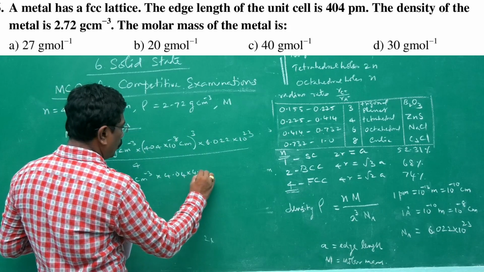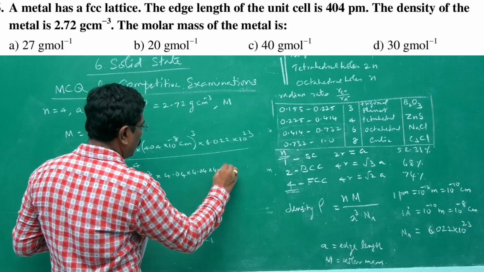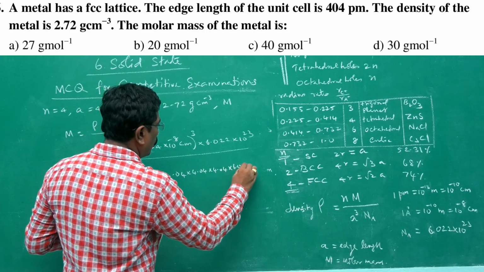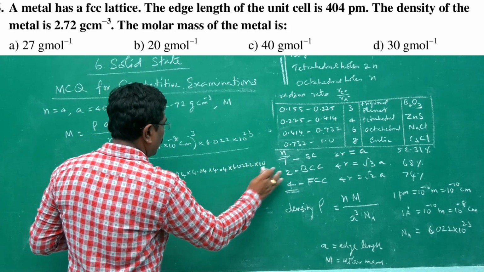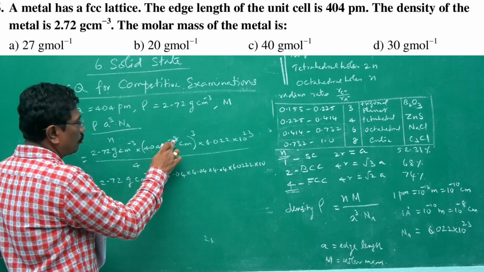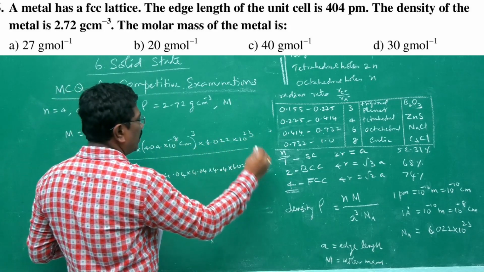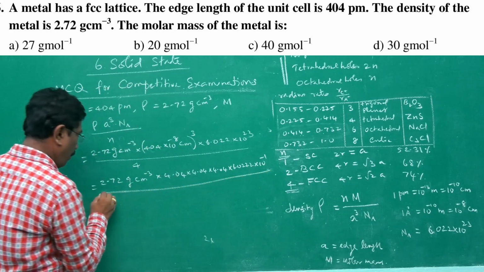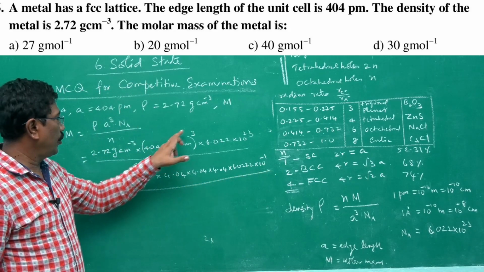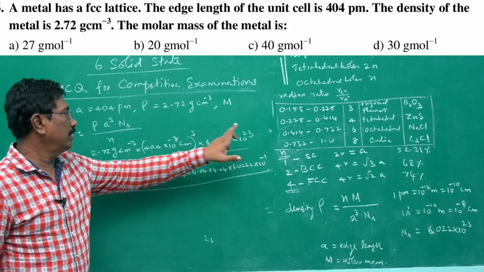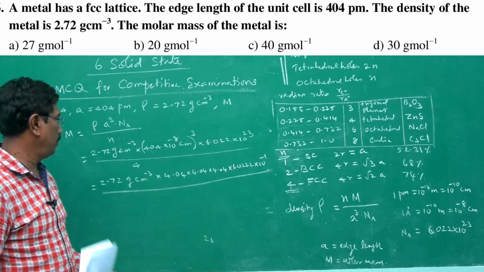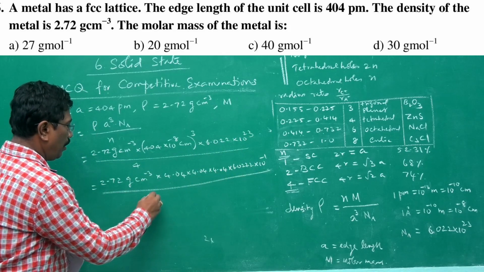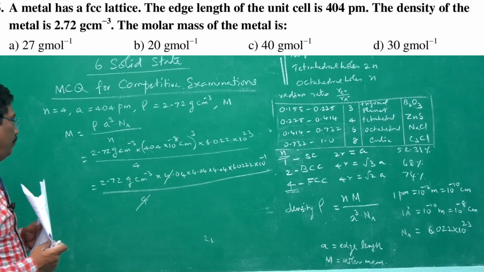4.04 into 4.04 into 4.04 into 6.022 into 10 power minus 24, here 10 power 23, therefore 10 power minus 1, divided by 4. Approximately 4 and 4 get cancelled.